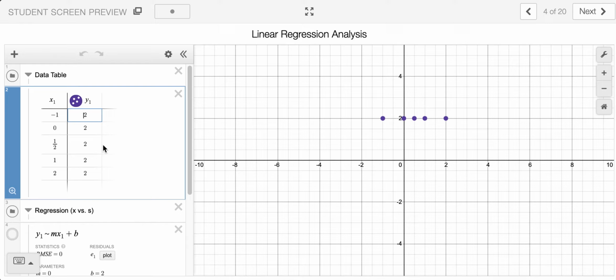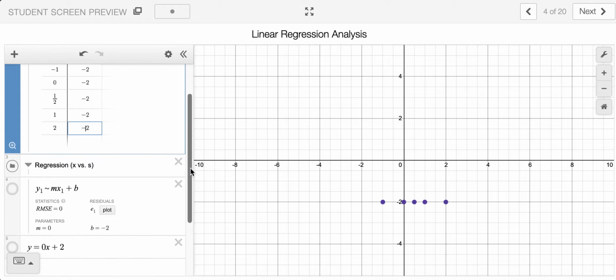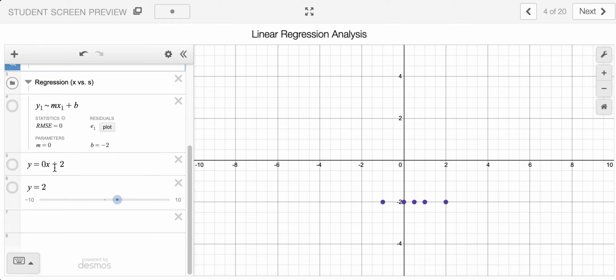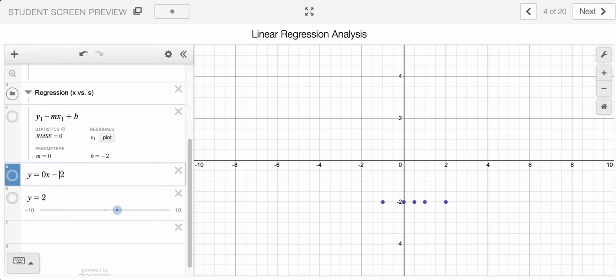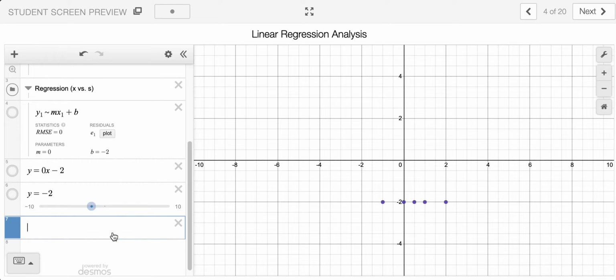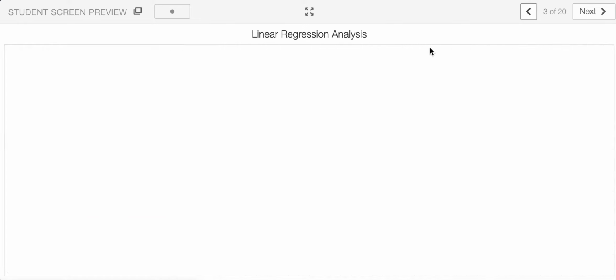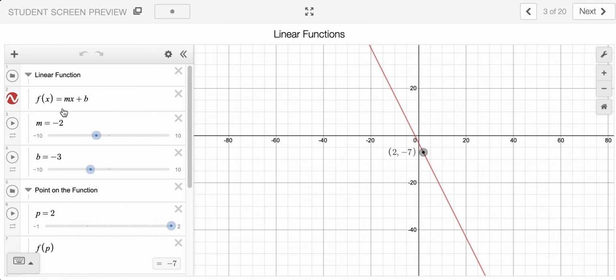So I can go into my table here, change all these 2's to a negative 2, and you see that that changes my linear equation to y equals 0x instead of plus 2, minus 2, which gives me the equation y equals negative 2. I can turn them on, any of them, and it's all going to map to the same location. We can see that the equation I chose, y equals negative 2x minus 3, gave a derivative of negative 2.